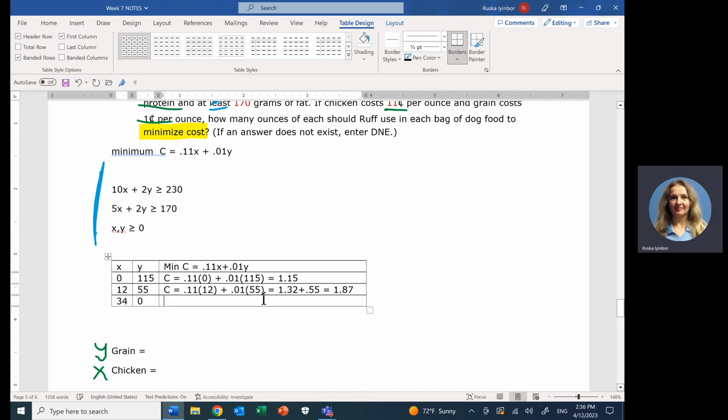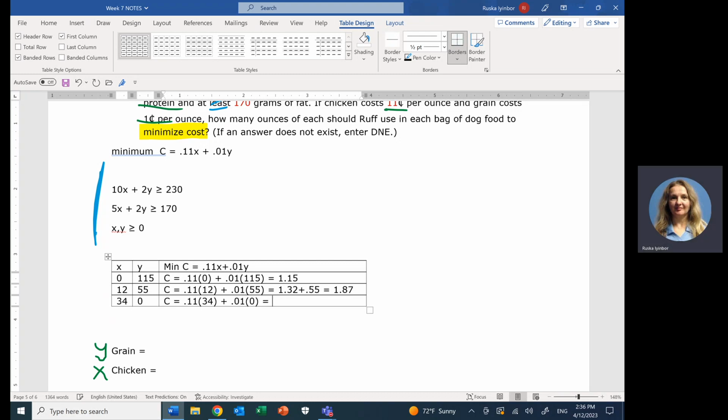And then the last one is if I plug it into the cost function, 0.11 times 34 plus 0.01 times 0.